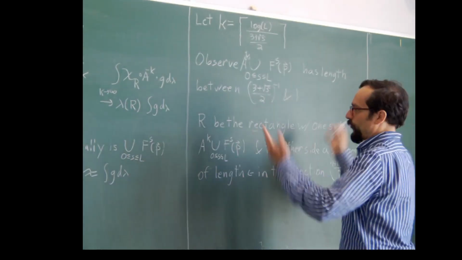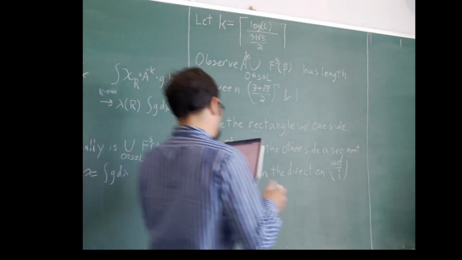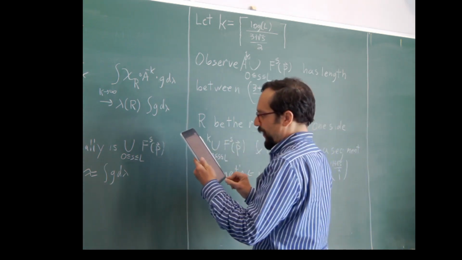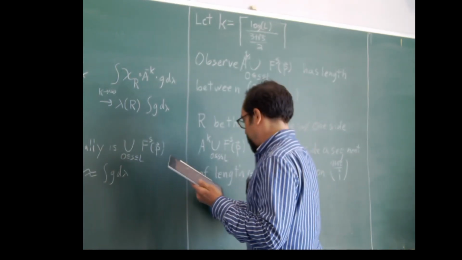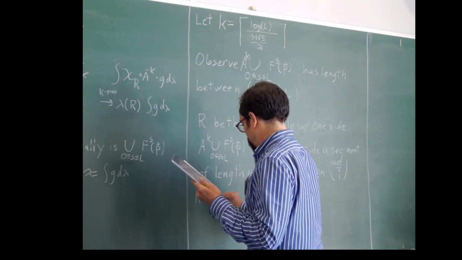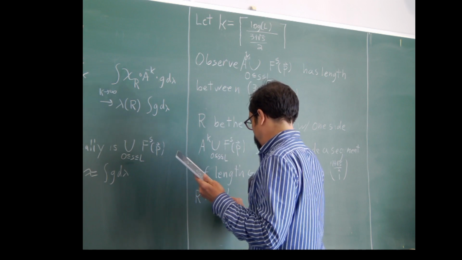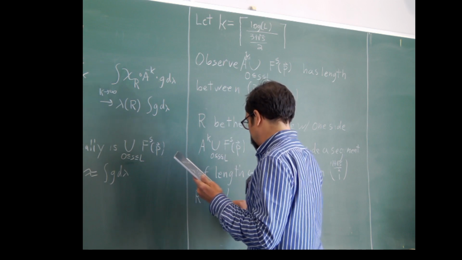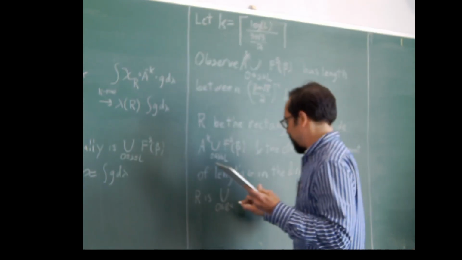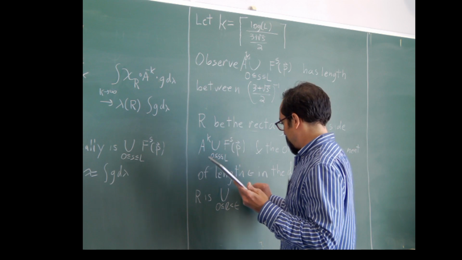Okay, so that's my rectangle R, and now I'm basically in business. So observe, R is foliated. R is the union for 0 less than or equal to script L, or backslash ell in LaTeX, less than or equal to epsilon.